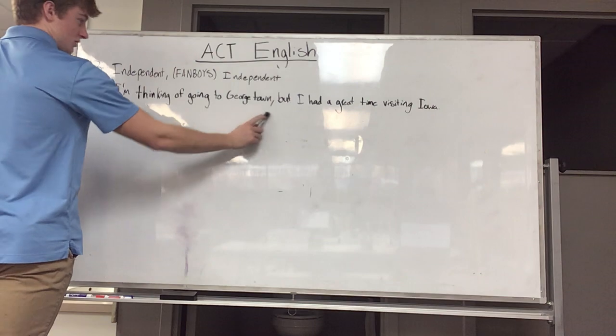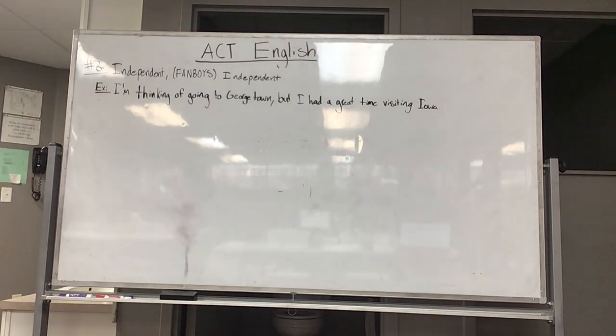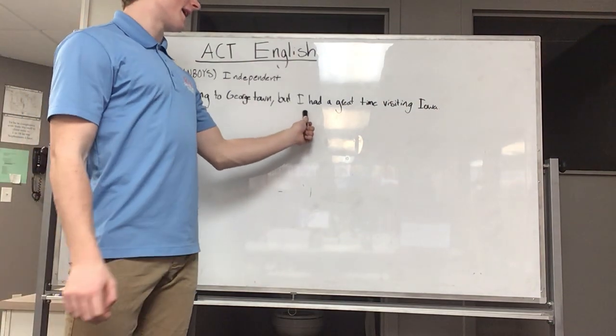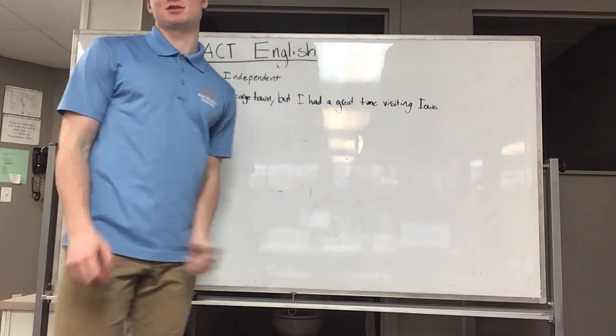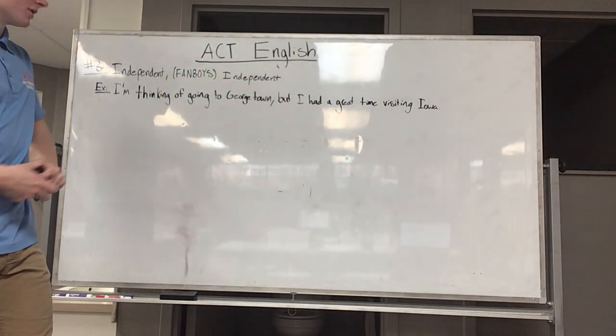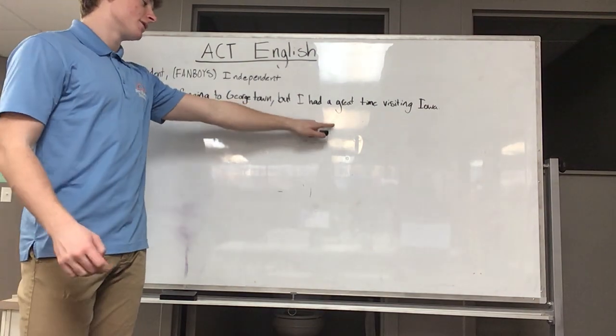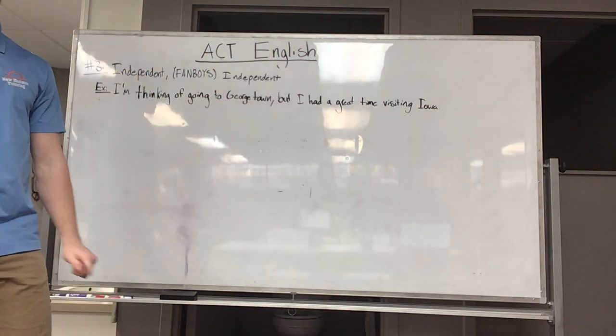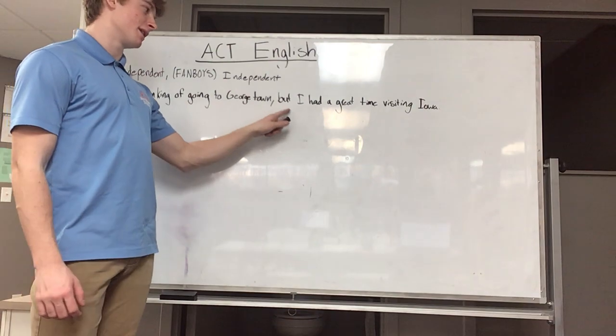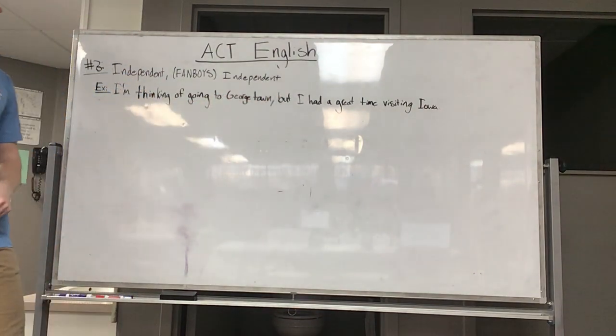I'm thinking of going to Georgetown. That could be a sentence all by itself. And then after the comma and the but, I had a great time visiting Iowa. That could also be a sentence by itself. So here we have two independent clauses. So one way we can separate them is with a comma and then one of those fanboys, so the but there.